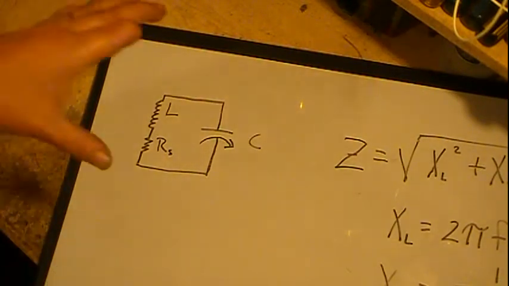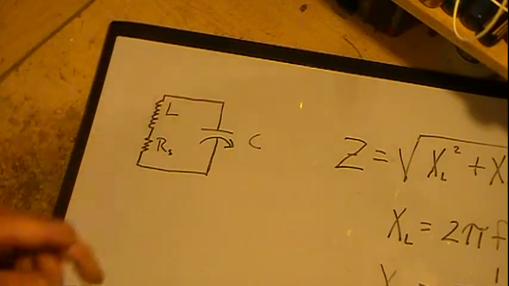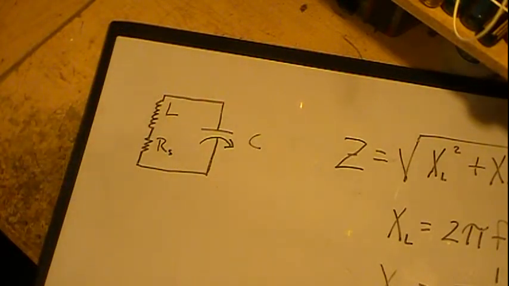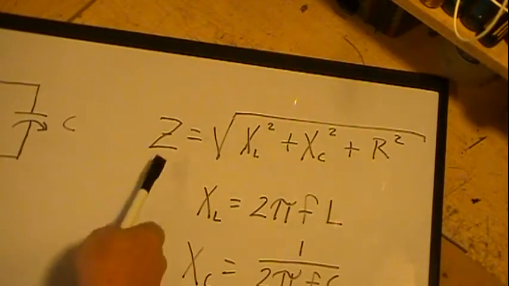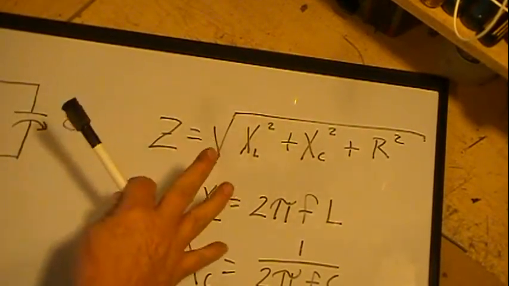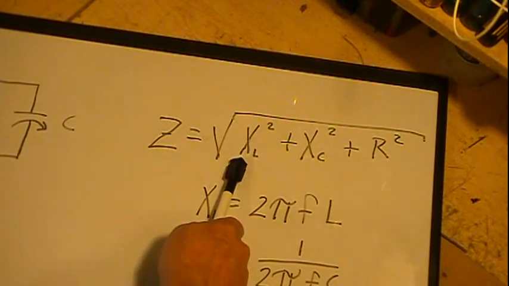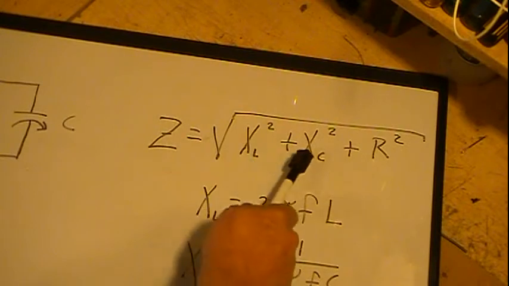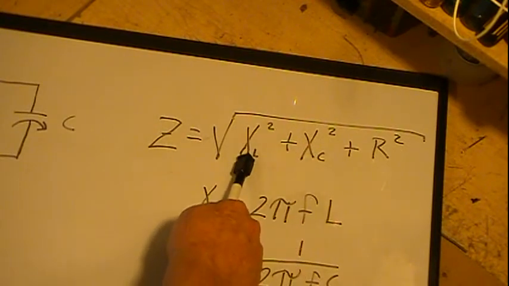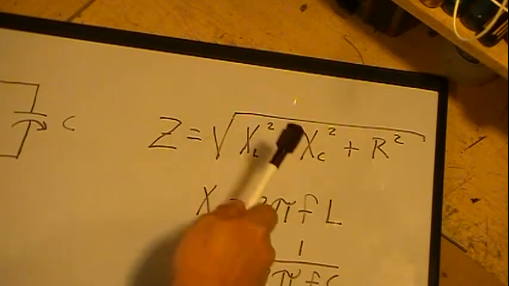The other consideration would be the total impedance of the tank circuit, which is represented by Z. It's a square root problem. You have X sub L and X sub C. These are your inductive and capacitive reactances measured in ohms.